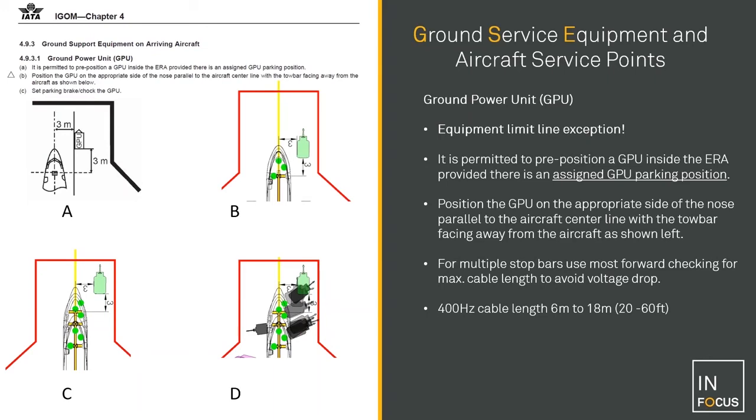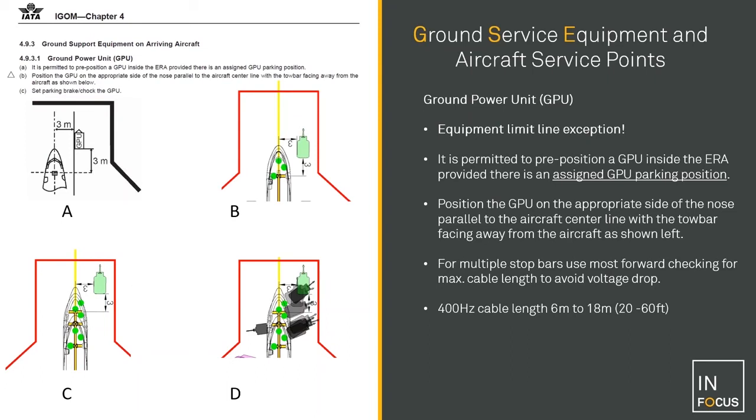But I've checked the dimensions here, and we're between 2 and 4 meters away to the connecting point from the unit here in position B. In position C, where I've got 3 stop bars and a bit of a larger distribution of the 400 hertz connector, we're still looking at between 2 and 8 meters, which is not really a problem.